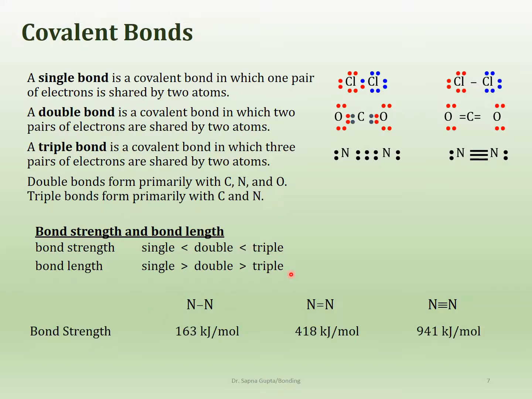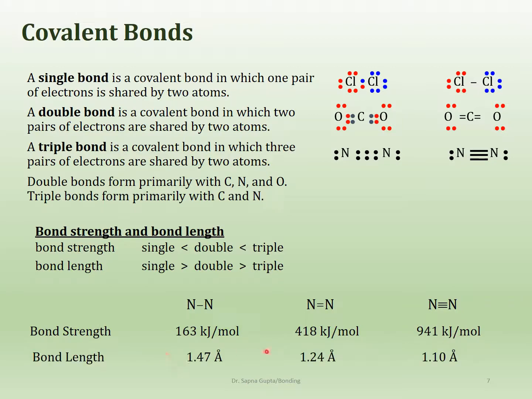So bond strength, for example, for a single bond between nitrogen-nitrogen is 163 kilojoules per mole. And then by the time you get to the nitrogen triple bond, N2, it's 941 kilojoules per mole. So it shows you that a triple bond is way stronger.